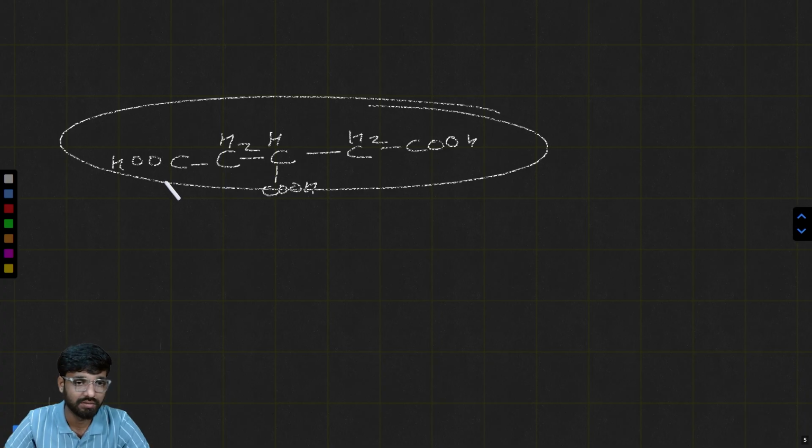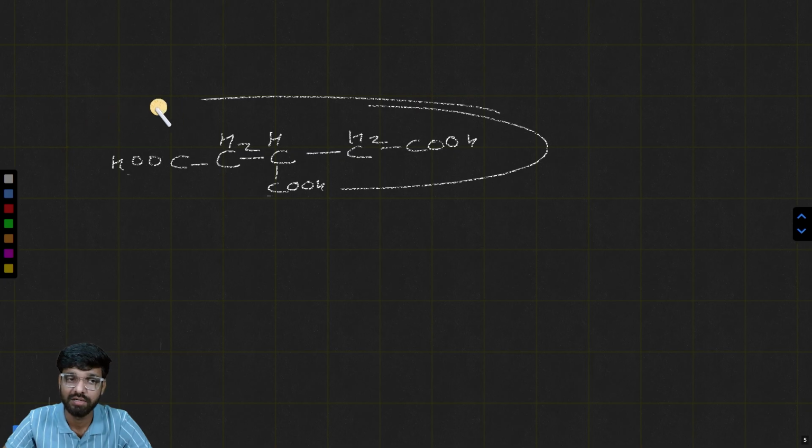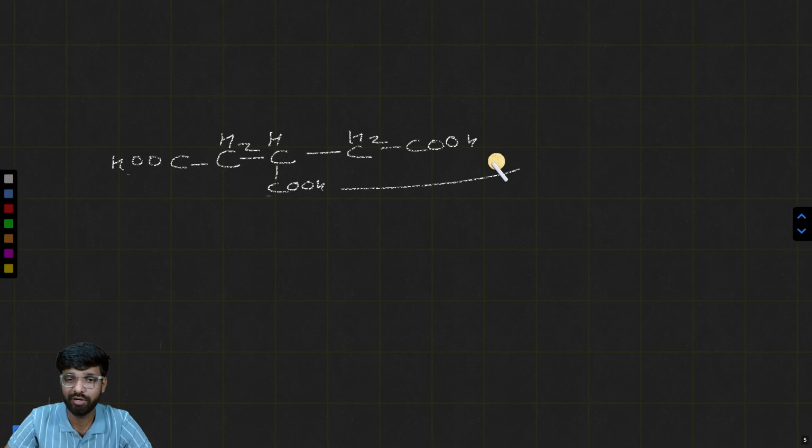Now if you just name it, let us start from this side. Why am I starting from this side? Because it doesn't matter in any way. You can start from either side, that would result in the same name, because 3 of these carbons are already preoccupied by the carboxylic group. So let us consider the first carbon at the left one, the second, third. Let me write with a different pen so that it would be more clear.